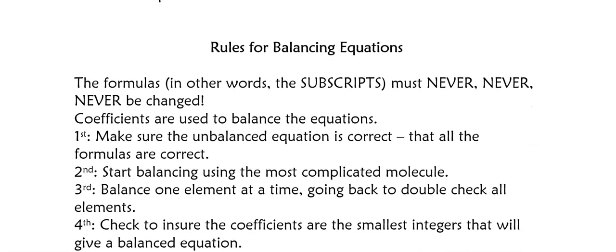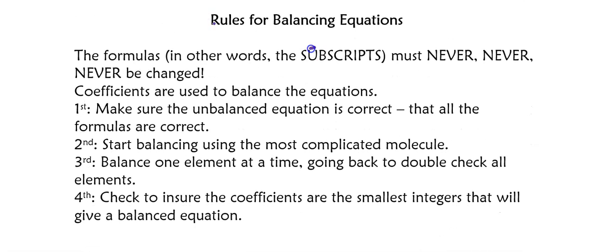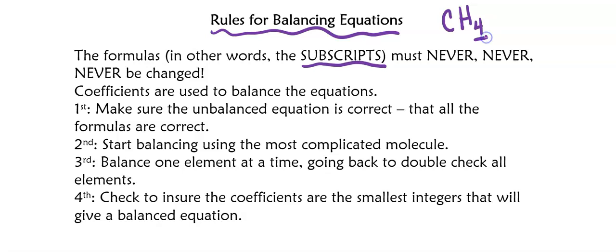So here are some rules that I want you to write down to be successful in balancing equations. The formulas, in other words the subscripts, can never, ever be changed. Those subscripts, for example the one I pointed out above in methane gas, you cannot change that little number.